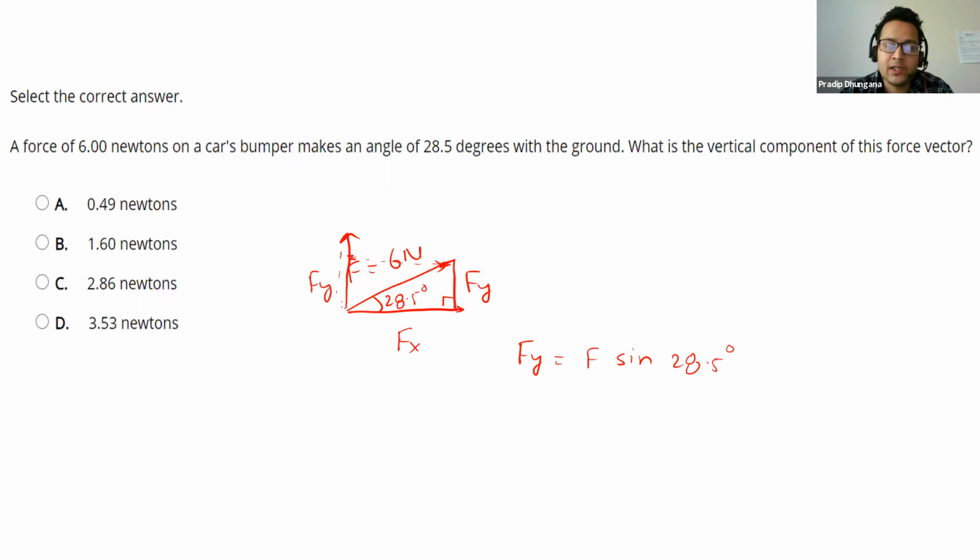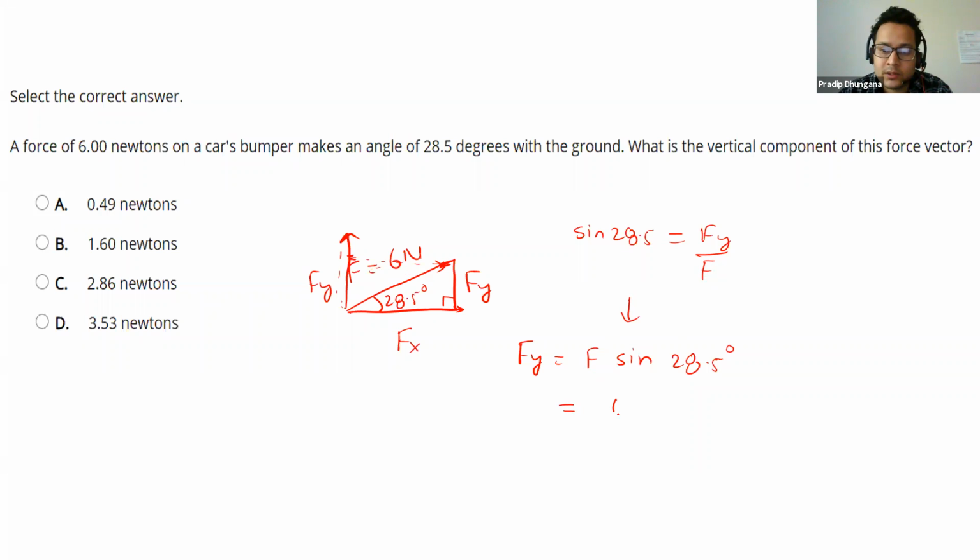And if for any reason you get confused, you can do it like that also. Let's use sine 28.5 because we need to figure out the vertical component Fy, and that is opposite. So sine is Fy over F, and this is 6 Newton, Fy over F. If we multiply both sides, we'll get this formula.